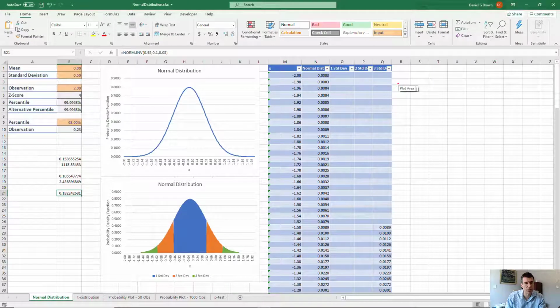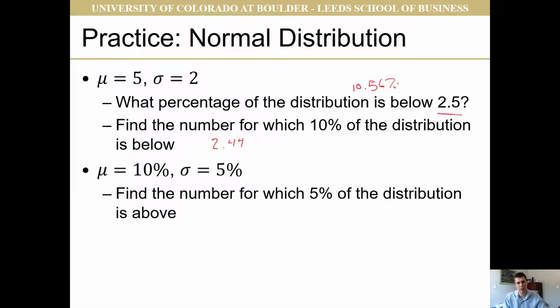So we have norm.inv, 0.95, 0.1, 0.05, and we get 0.1822, so 18.22%. And the trick here is that if 5% is above, then 95% is below.